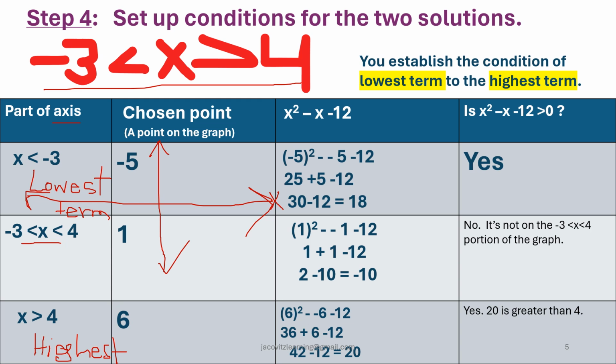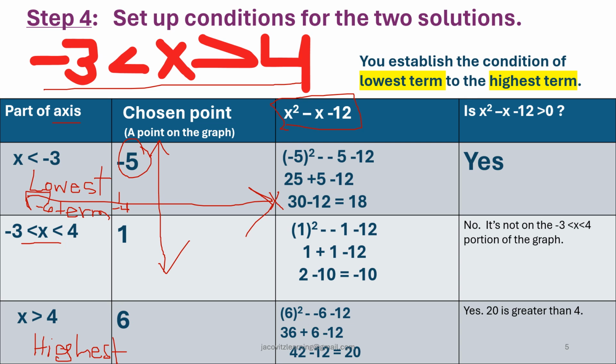You could have chosen negative 6, because remember on the number line that these numbers over here are actually less than because they're negatives. So like if you had negative 4 even, that is still less than negative 3. So then you take negative 5 into the original equation, which was x squared minus x minus 12, and you put that here. Remember, two negatives.